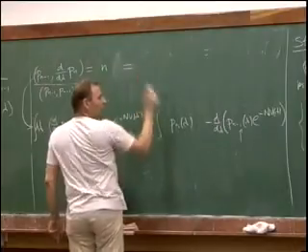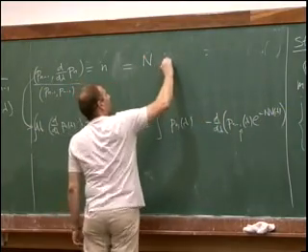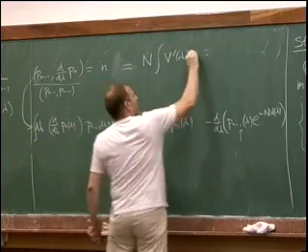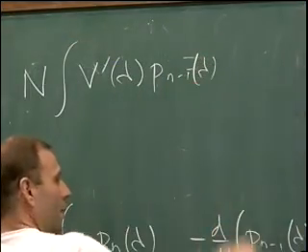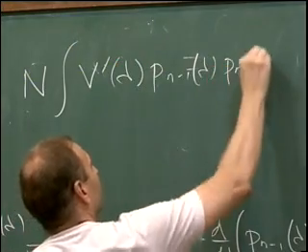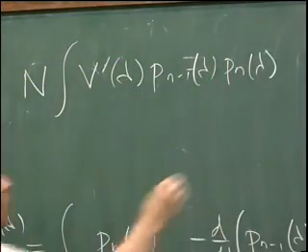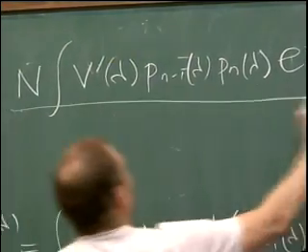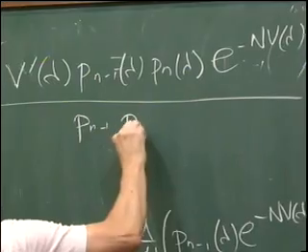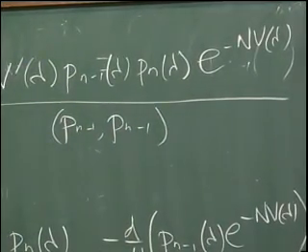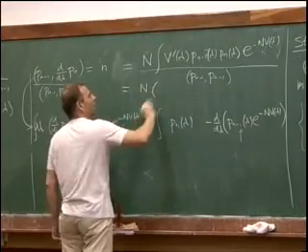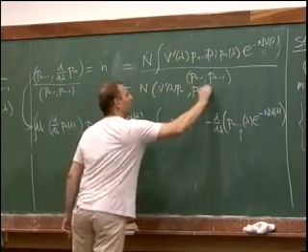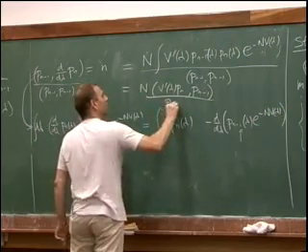So what I get is minus minus plus n v prime of lambda, integrated with Pn minus 1 of lambda and Pn of lambda times e to the minus n v of lambda, divided by Pn minus 1, Pn minus 1. This is nothing but n v prime of lambda Pn, comma, Pn minus 1, divided by Pn minus 1, Pn minus 1.